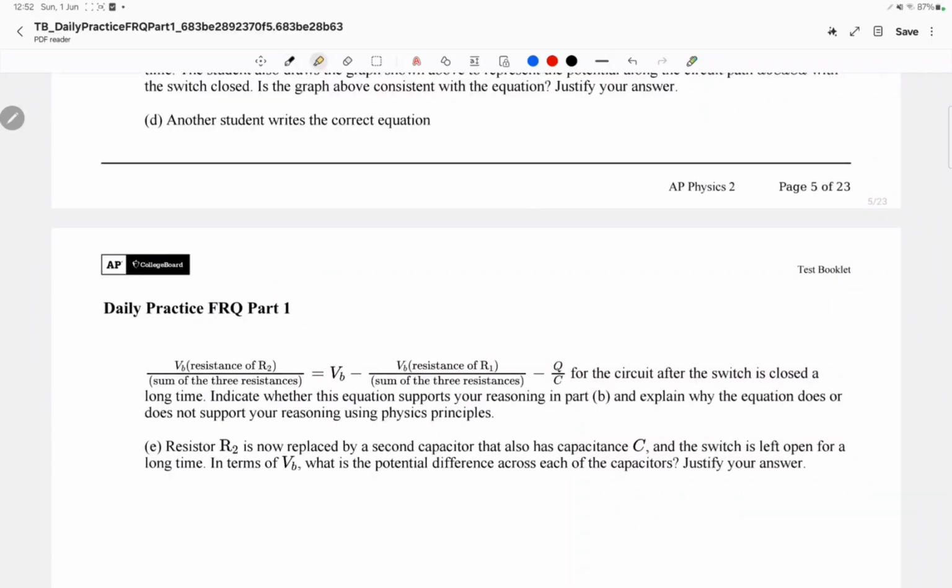Okay, so basically, this equation is VB times R2 over R of the circuit is equal to VB of the battery minus VB times R1 over R of the circuit minus Q over C. Now Q over C, by the way, is just the voltage in the capacitor.